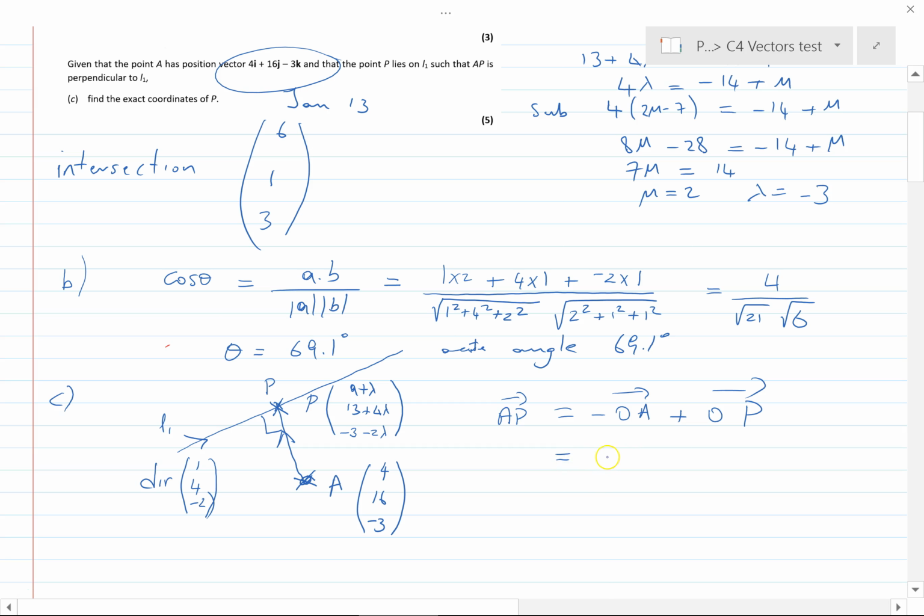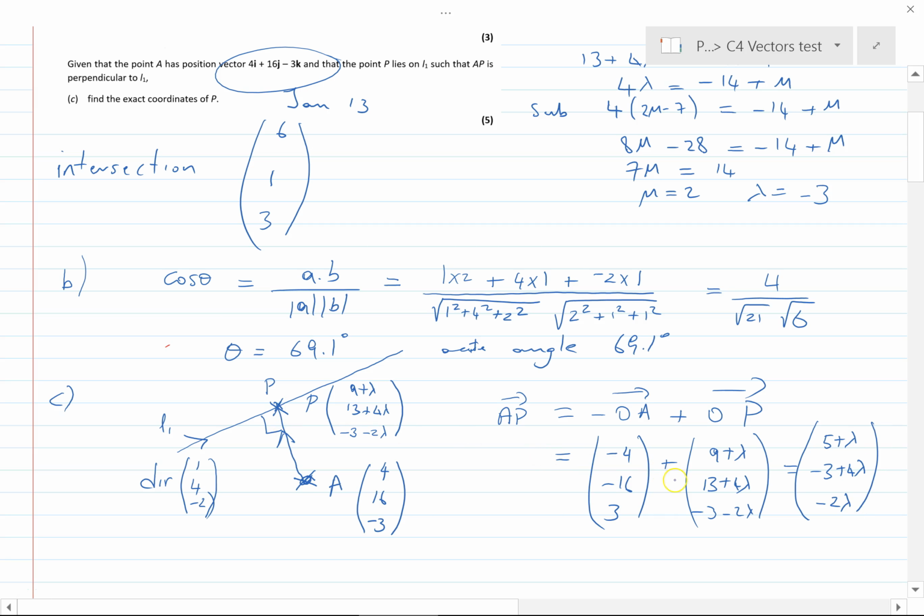So we've got minus 4, minus 16, plus 3, plus 9 plus lambda, 13 plus 4 lambda, and minus 3 minus 2 lambda. Just add these together, so that gives me 5 plus lambda, minus 3 plus 4 lambda, and 3 minus 2 lambda.